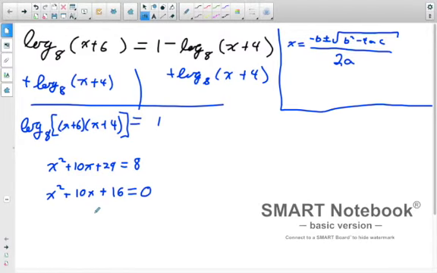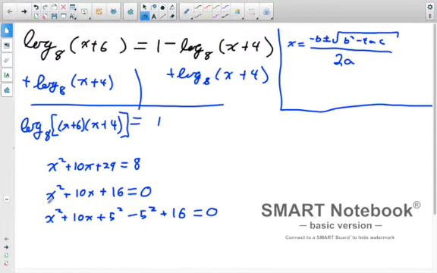Let's solve this using completing the square, though. If you recall, the first step of completing the square, since we already have a 1 in front of our x squared, is to take half of our b term, which in this case is 5. We're going to square it, and we're going to add it and subtract it. The reason that we add it and then subtract it is so that we don't change anything.